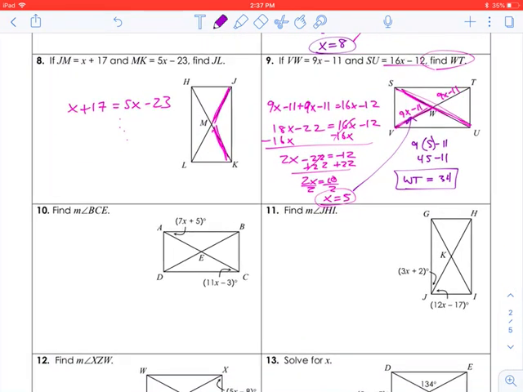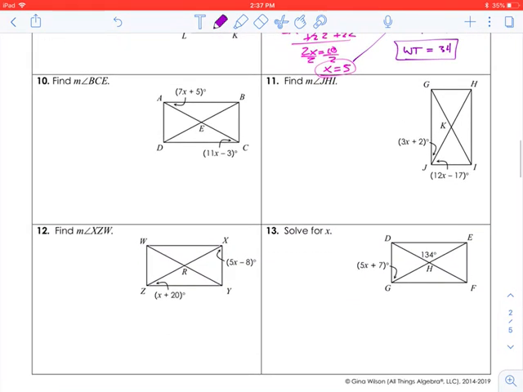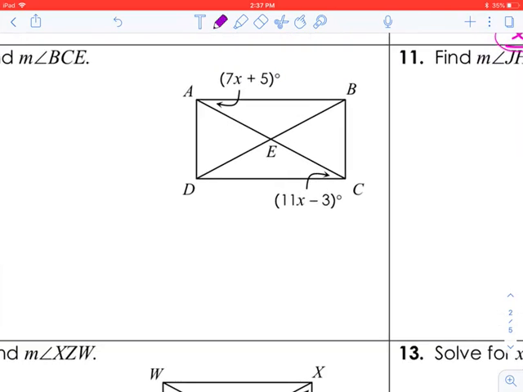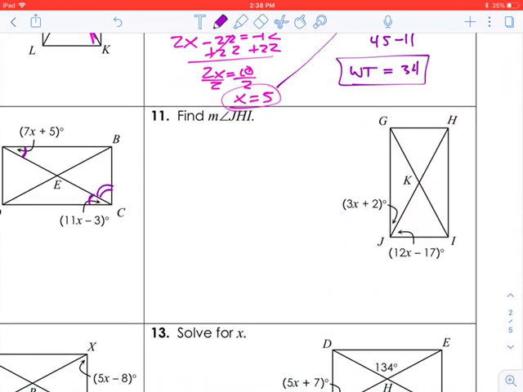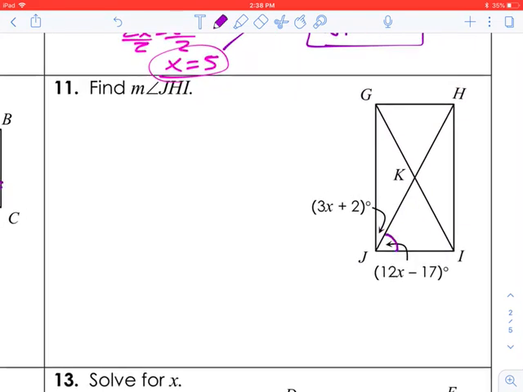Okay. So the last four here, kind of just depend. So again, these two are opposites, so set those equal. And then BCE is just whatever is left out of 90. Okay. Same thing here, but these are right next to each other. So this one and this one add up to 90.